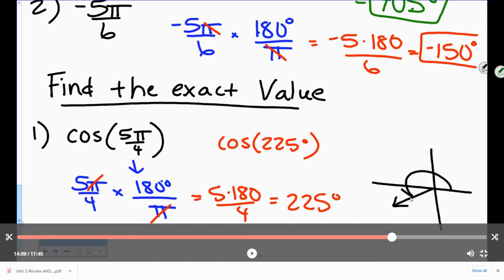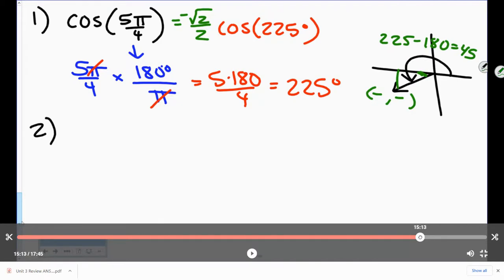In my coordinate plane, that means it would land in quadrant 3. Finding that reference angle, I would take 225 minus 180, so 45 degrees would be my reference angle. So if I use my 45, 45, 90 special right triangle, that means my ratio would be square root of 2 over 2. But remember, you're in quadrant 3, so that means both x and y values are negative. So if cosine uses the x value, that would make this negative square root of 2 over 2 for my final answer right here.